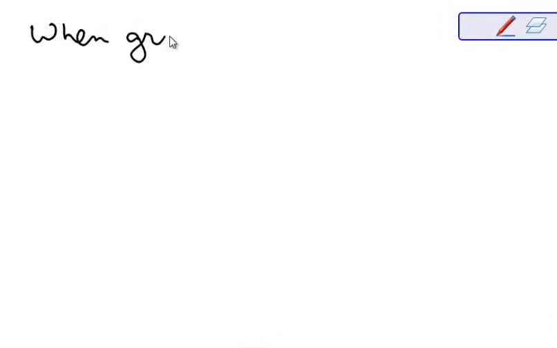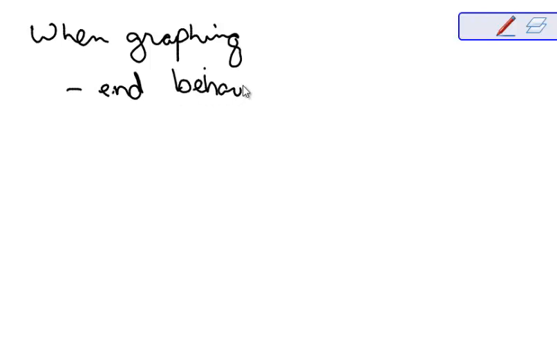So what we're going to do is, when we're graphing these things, we need to look for end behaviors. We need to identify the zeros, or the x-intercepts.